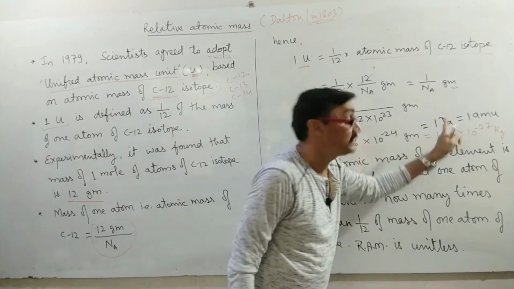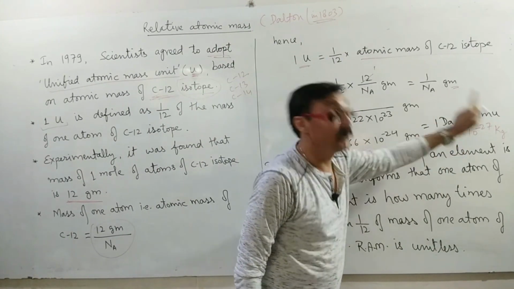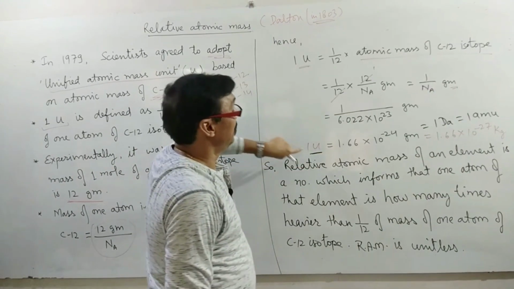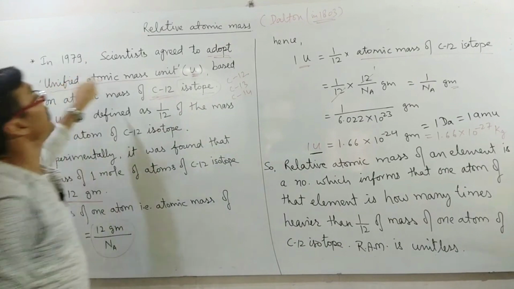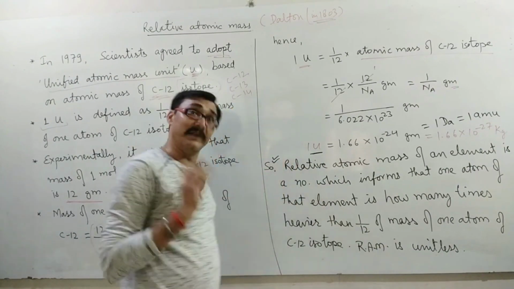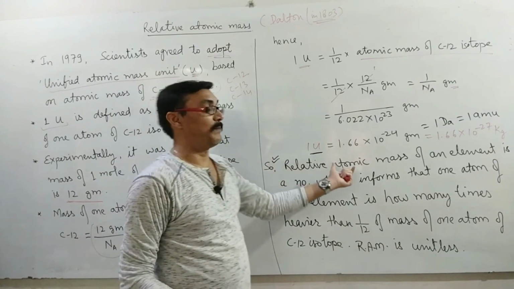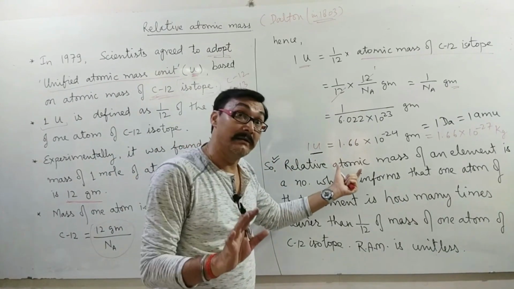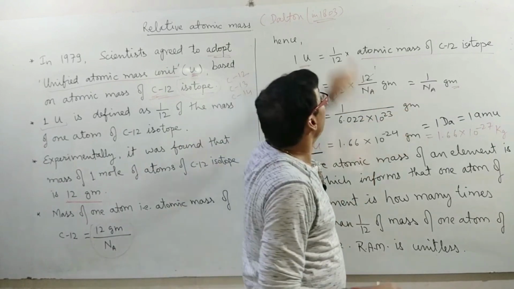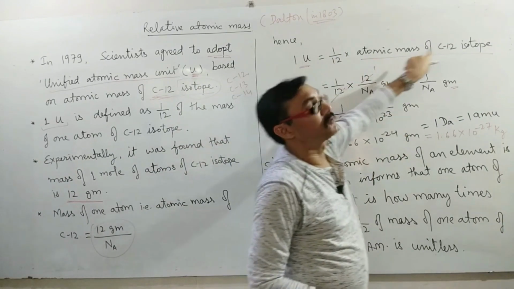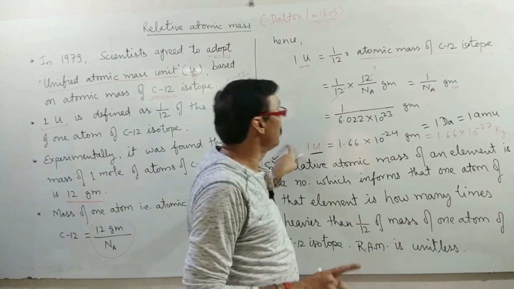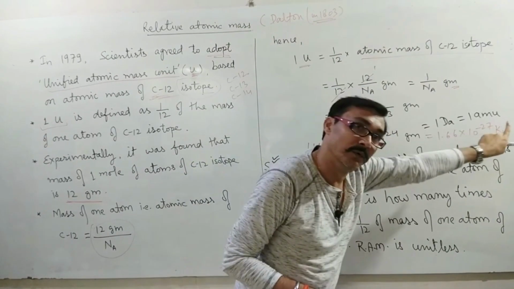1 AMU, atomic mass unit, and all these are the symbols of other units used previously for the unified atomic mass. Hence, relative atomic mass of an element is compared with respect to 1 by 12 of the atomic mass of the carbon-12 isotope, or we can say with respect to 1U or 1 AMU.